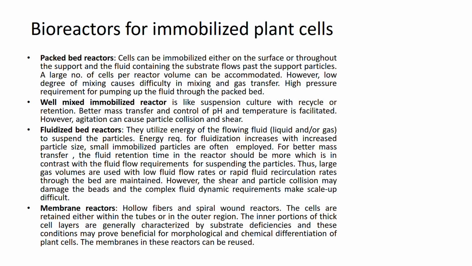Gas sparging is done in these reactors to improve the bulk mixing and to facilitate mass transfer between the gas bubbles and the liquid medium. So, that is one way of improving the mass transfer of oxygen in these reactors.